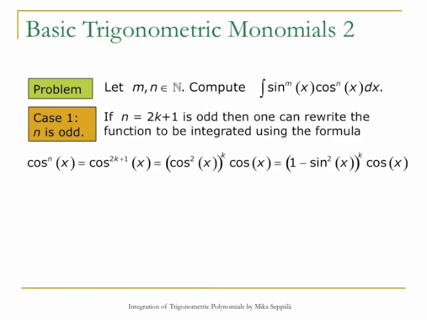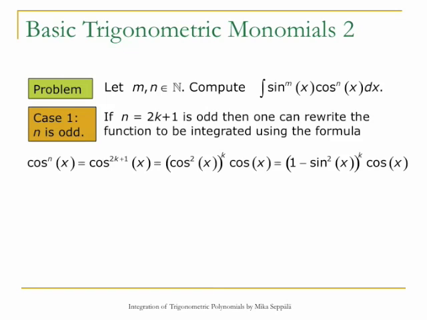And that can be written as cosine squared of x to the power k times cosine of x. This is because cosine to the power 2k is the same as cosine squared raised to the power k, and then we still have to multiply this product with cosine of x to get cosine to the power 2 times k plus 1. Now cosine squared is 1 minus sine squared.